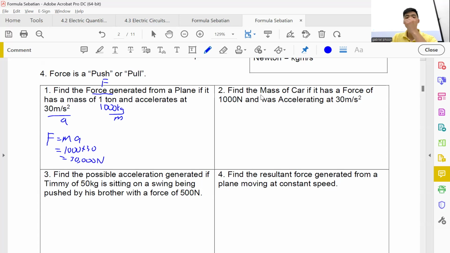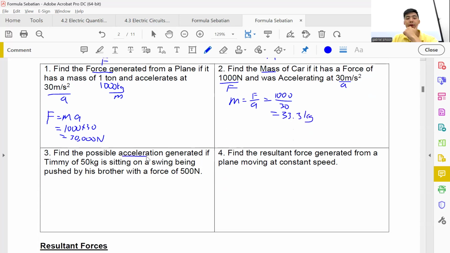Straightforward and easy. Next, you're going to find the mass, you are given the force and the acceleration. So in the same scenario here, m will be F over a, which will be 1000 divided by 30, which will be 33.3 kg. Same thing for this one as well. Find acceleration given the mass and the force.